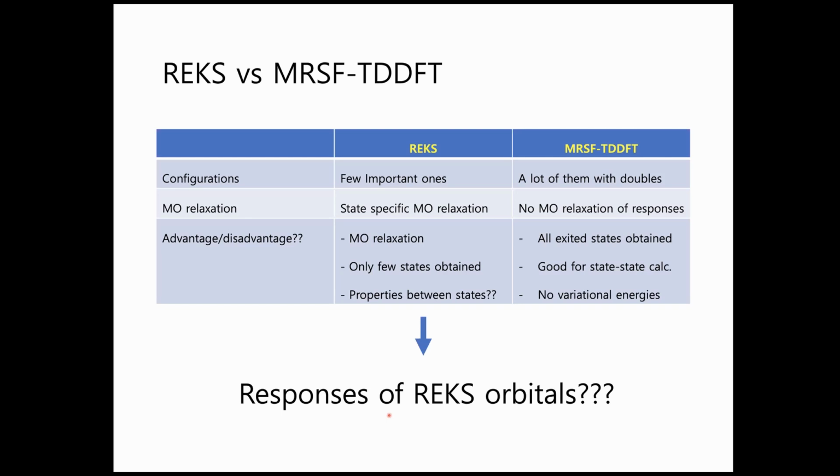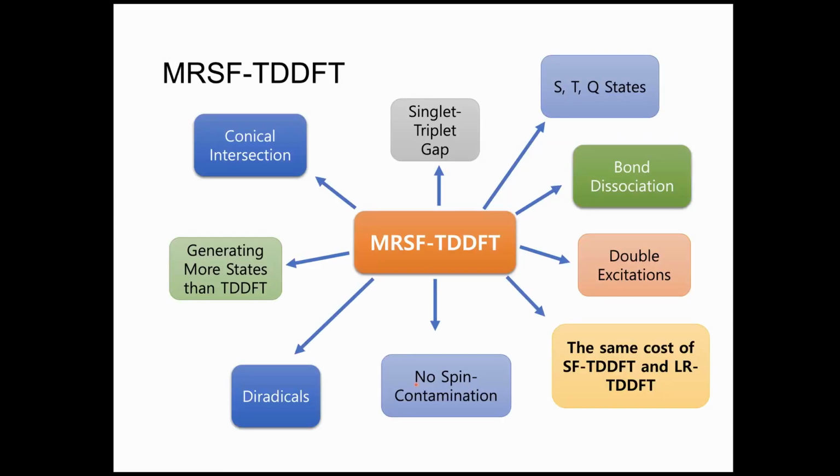That would give us both the orbital relaxation as well as the long configurational expansion. That way you can maybe have a much better way of quickly recovering electron correlation. So this last sentence might be the one that we'd like to continue on.